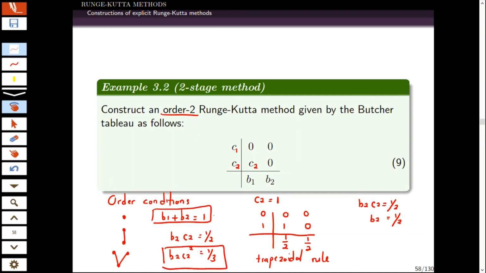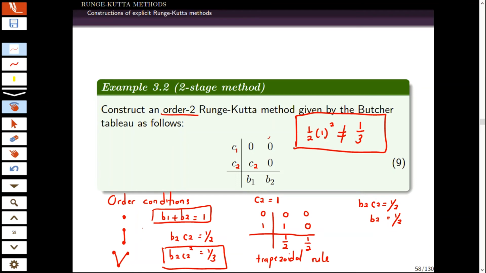For instance, if you check B2 is half, so we have 1 over 2 times C2 squared, C2 is 1 squared, which is not equal to 1 over 3. So we know that the method only satisfies the order 2 condition, so the method is order 2.